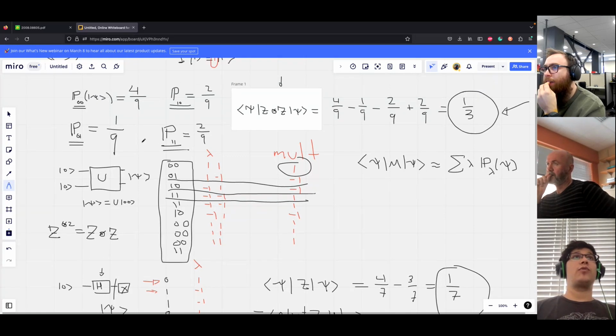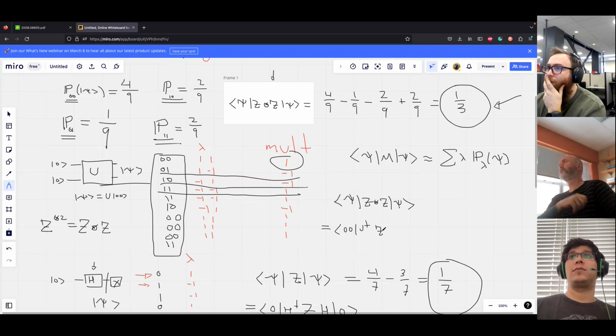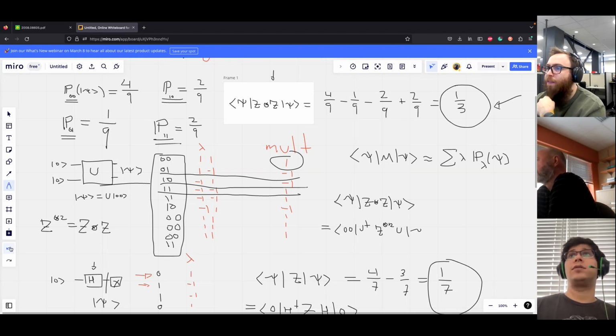Now, when we write down the expected value, let's say I write it down like this. So I was writing this with the Z operator 2 times. Now, this can also be rewritten like this. So I have the 0, 0 state, and then U dagger, and then the ZZ, and then U, and then the 0, 0 state.